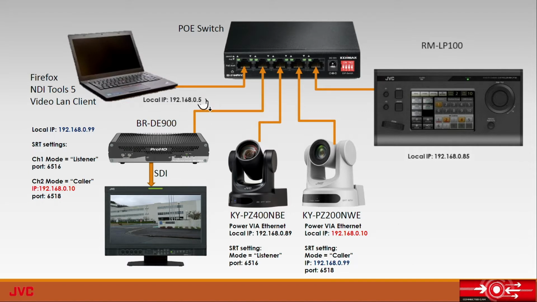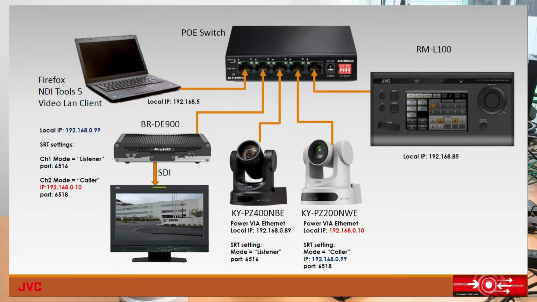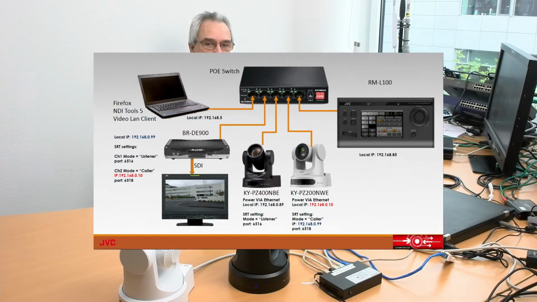This allows all the devices to see each other, and we can basically send streams from one camera to a decoder, and another stream from the camera to the PC to be decoded in VLC video line client. And I will demonstrate now the individual GUI web interfaces of the cameras so you can see the possible settings for these cameras.